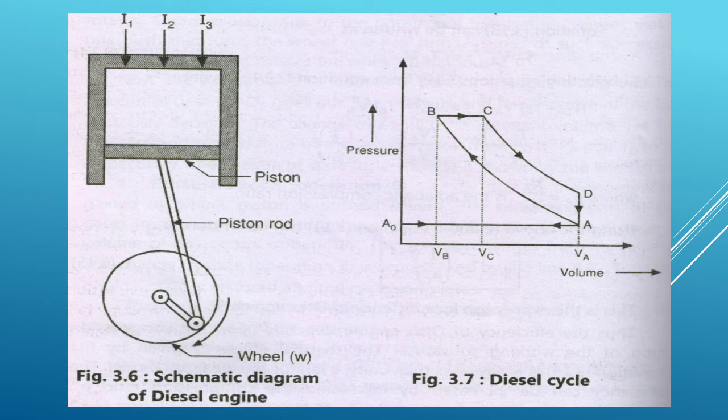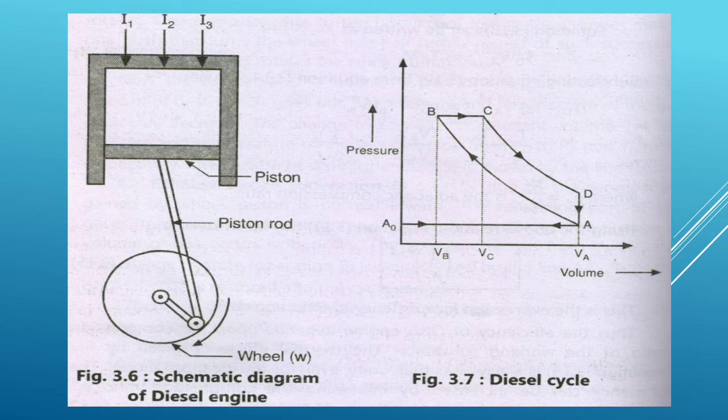Third operation. In third operation, the valve I2 opens and oil is forced into the cylinder. The temperature of the compressed air is above the ignition temperature, so the injected oil burns immediately and the amount of heat Q1 is produced.